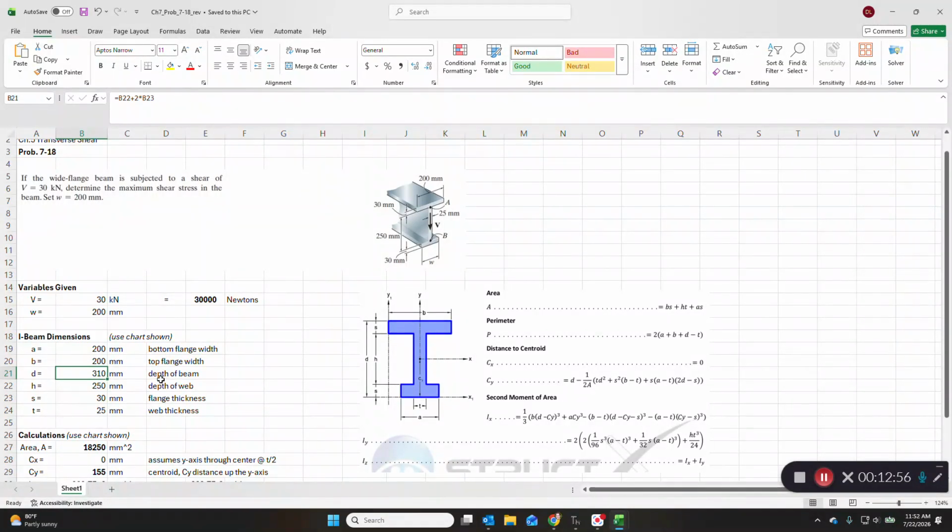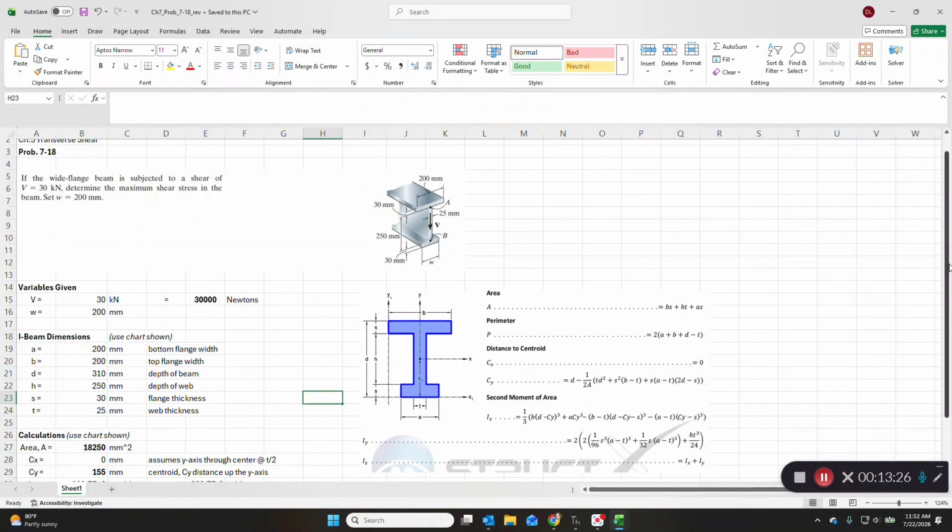And then the depth of the web, H, in this diagram is given at 250, and the flange thickness, so that is the S value here, which is 30, and then the web thickness, the web in here, that's given as 25, okay? 25, you can see it right here, right above the shear load.